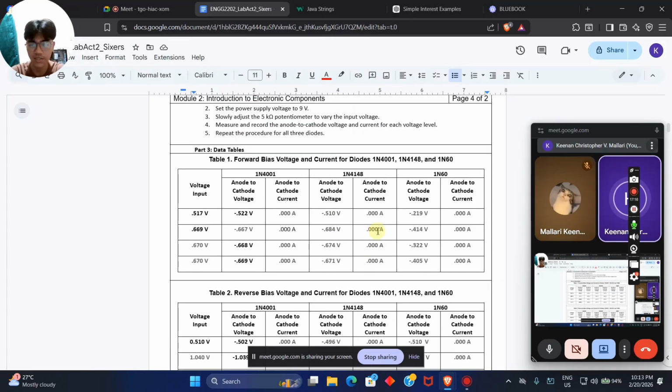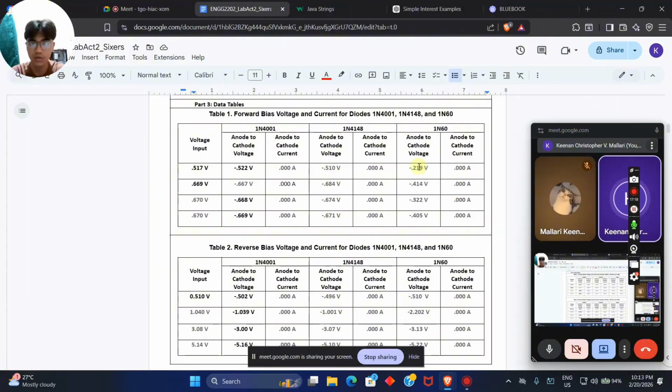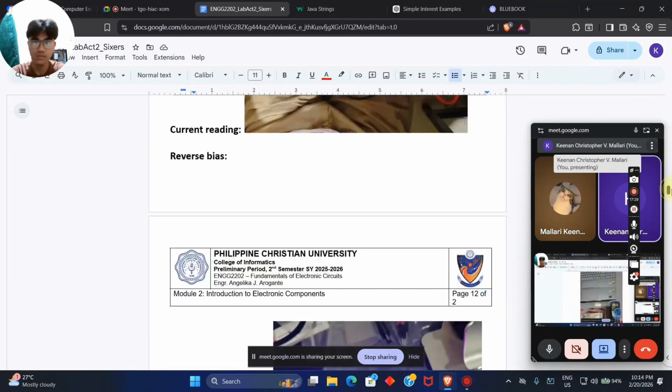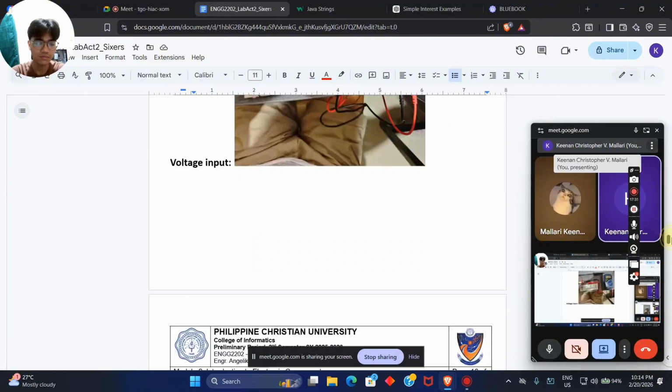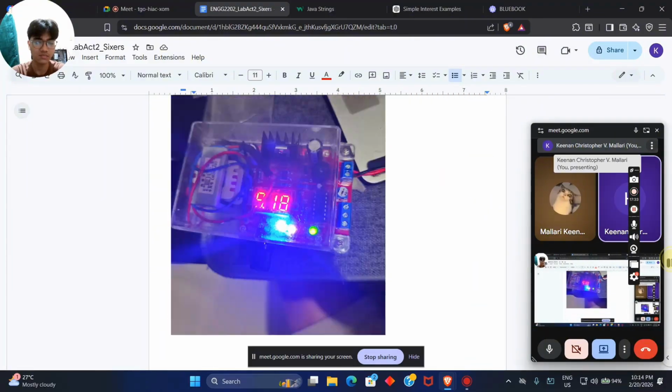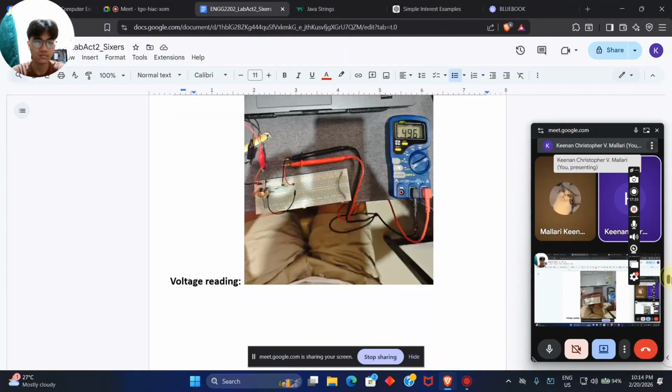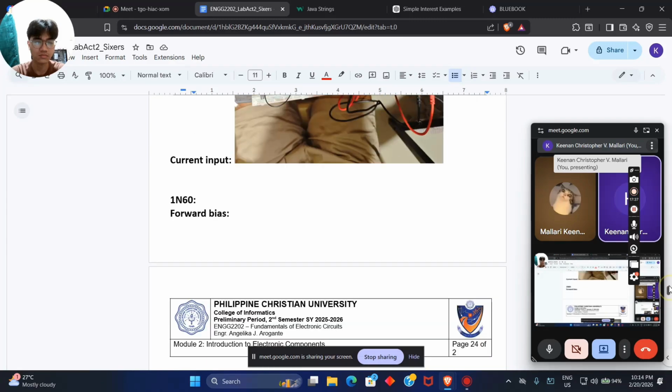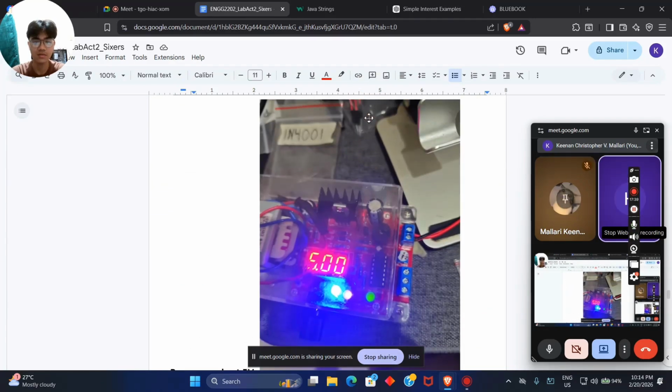Now, last but not the least, let's go to the last diode, 1N60. Let's go first. Since it is a forward bias, let's go and check it out. Here it is.